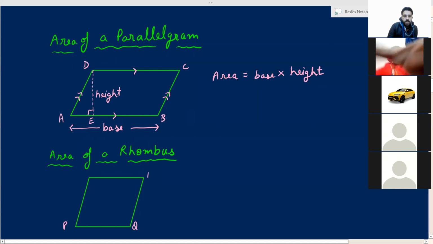In a rhombus, all sides are equal, and in a parallelogram, opposite sides are equal. So this is the same relation which rectangle and square have. A parallelogram is also a type of tilted rectangle. You can say that also.